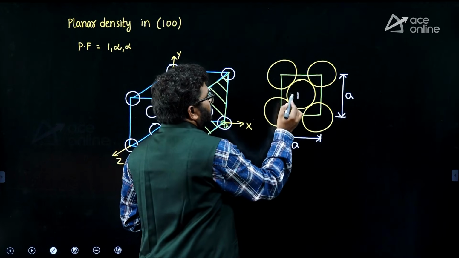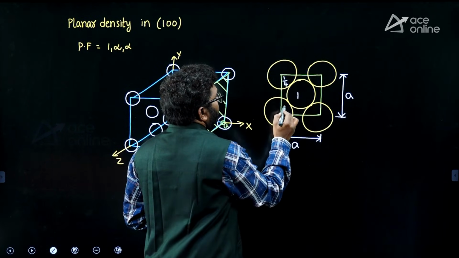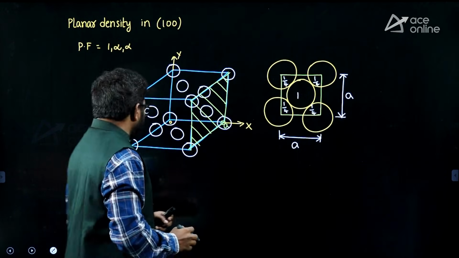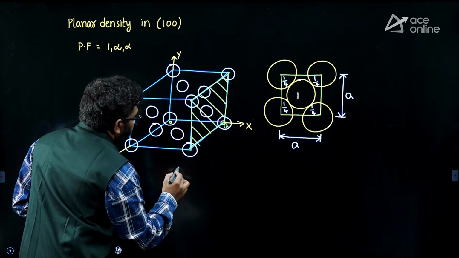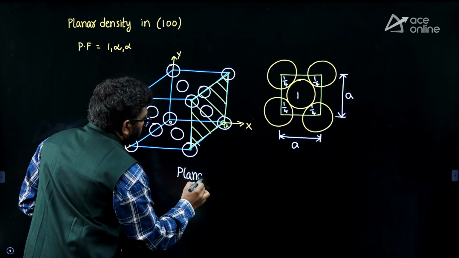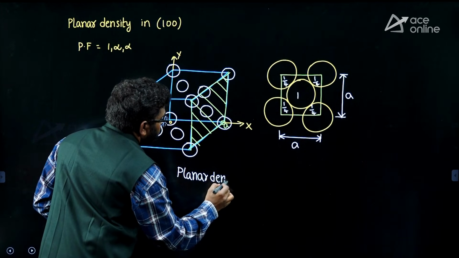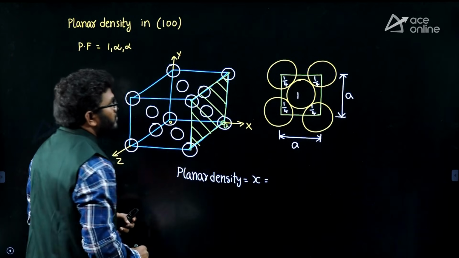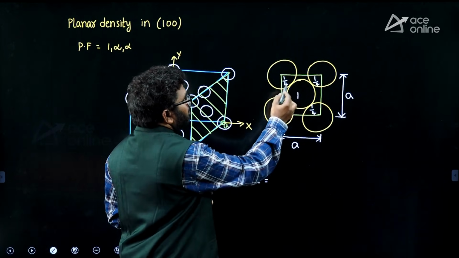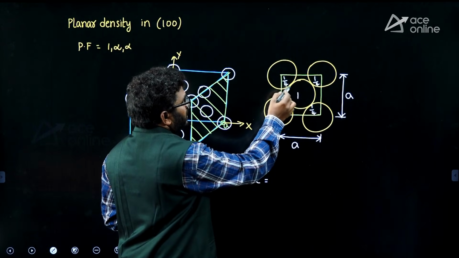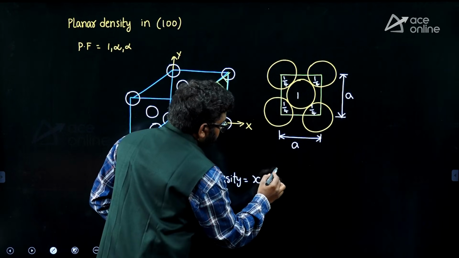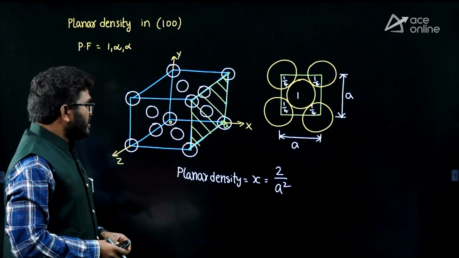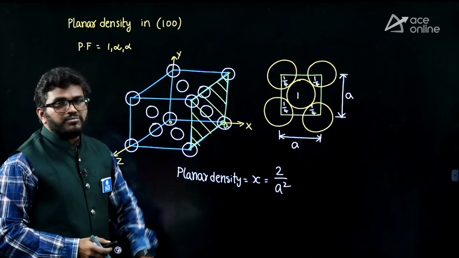Here it is one atom, here it is 1 by 4, here it is 1 by 4, here it is 1 by 4, here it is 1 by 4. So planar density, that I am representing with X, X is equal to number of atoms in the plane, 1 into 1 plus 1 by 4 into 4, that is 2, by a square. Planar density in 100 plane is 2 by a square.